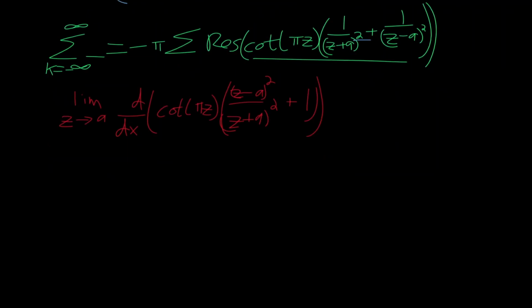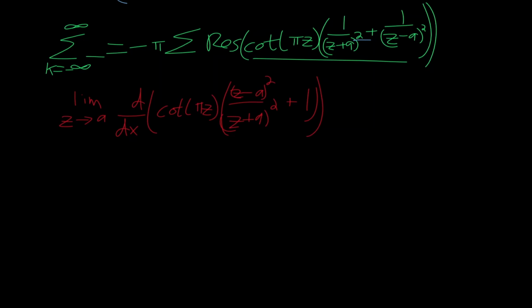So to evaluate this derivative, we can just use the product rule, really. Just do that real fast. And here's what we end up getting. The derivative of cotangent of pi z is actually just negative cosecant squared of pi z, and then by chain rule, an extra pi.